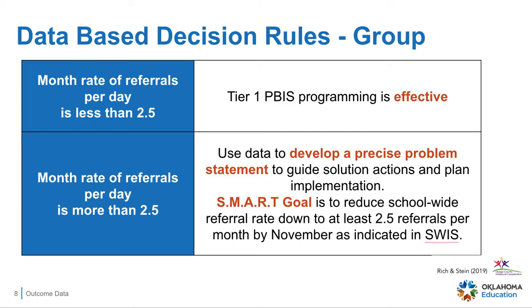In this example, the decision rule is a monthly discipline referral rate of 2.5 referrals per day. If there are fewer than 2.5 referrals per day, the programming is effective. If there are more than 2.5 referrals per day, the school climate team will want to begin the problem-solving process.